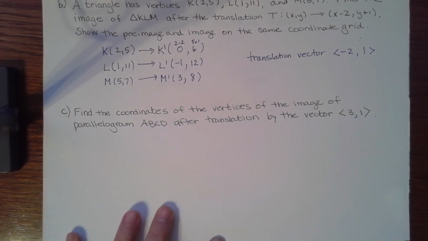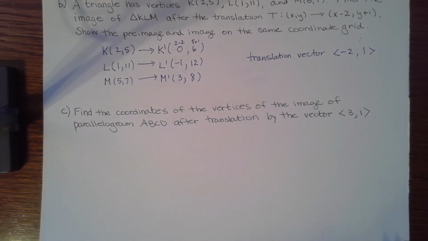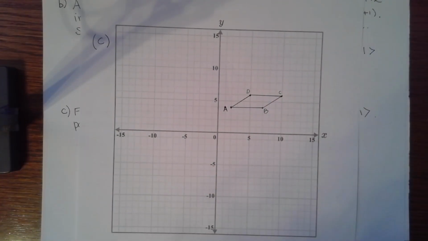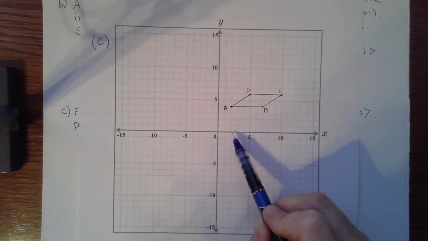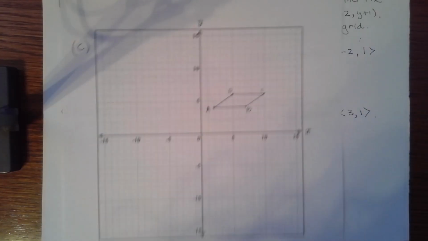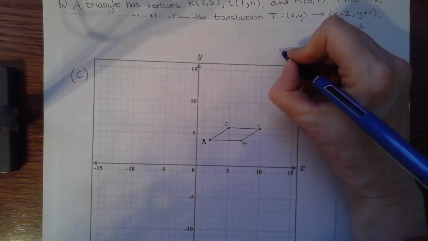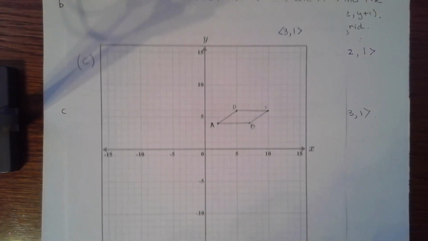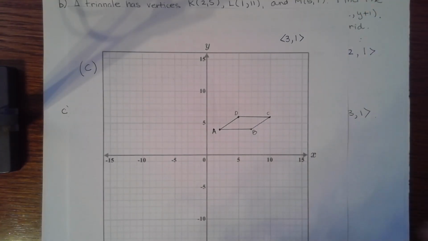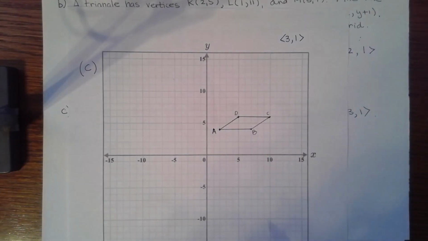All right, the next one. Find the coordinates of the vertices of the image of the parallelogram ABCD after the translation by the vector (3, 1). What parallelogram are they talking about? Okay, in your book I've drawn it here so that we can see it. So the vertices, I've graphed them here, and we want to do the translation vector (3, 1). Okay, and so that would be a horizontal displacement of +3.